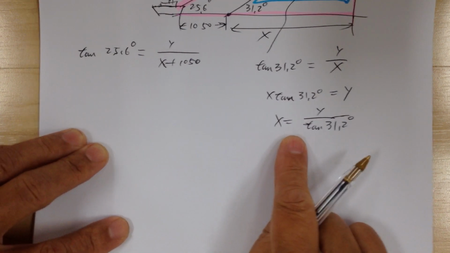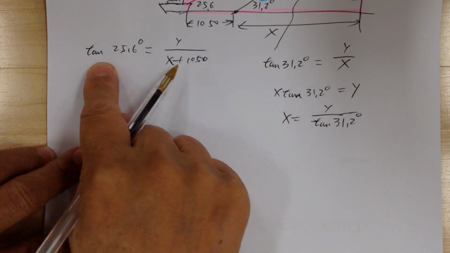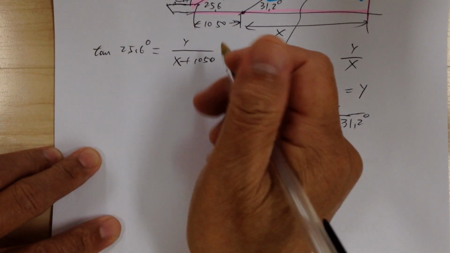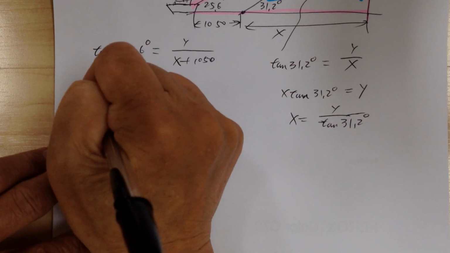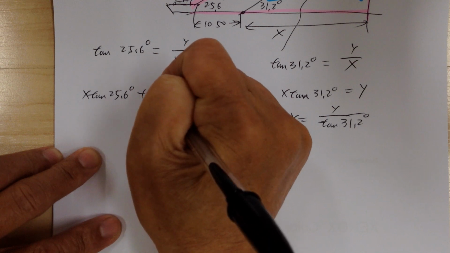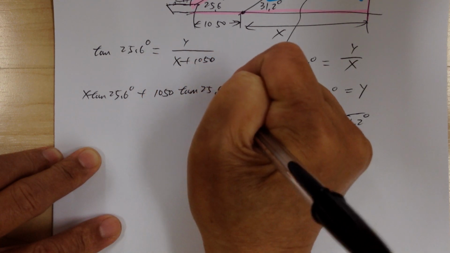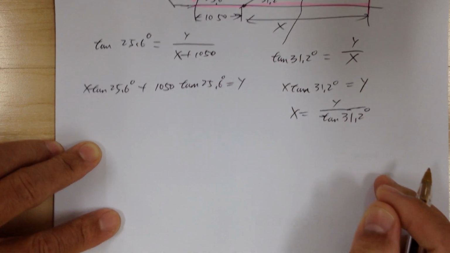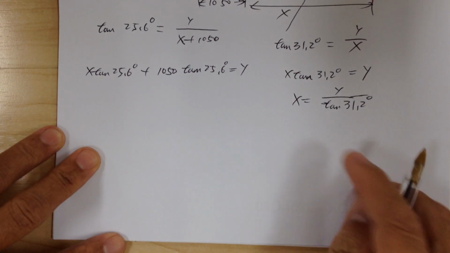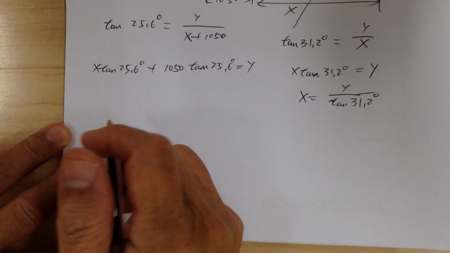Once we do that, let's cross multiply because a fraction is messy. So you're going to get x tangent of 25.6 degrees plus 1050 tangent of 25.6 degrees equal to y. Now we're going to substitute this into here.